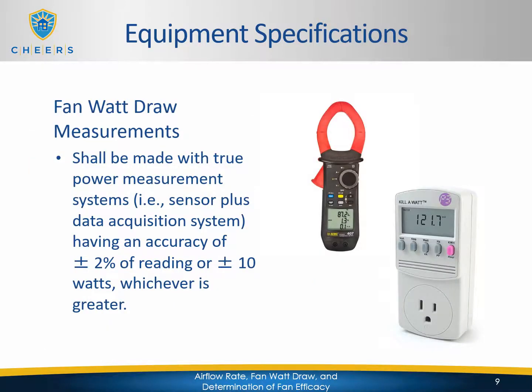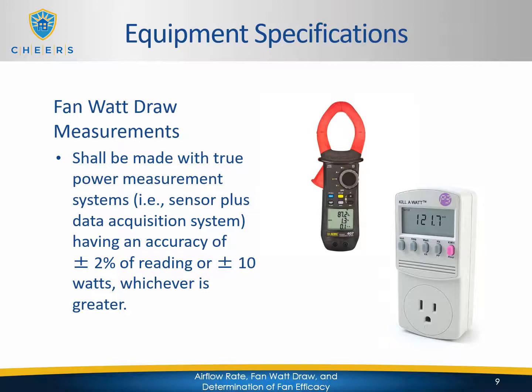Fan watt draw measurements shall be made with true power measurement systems, i.e. sensor plus data acquisition system, having an accuracy of plus or minus 2% of reading or plus or minus 10 watts, whichever is greater. And on the right-hand side, again, there are 2 different types of equipment that you can use. Now, the piece of equipment on the left-hand side, that's the kind of meter that you would use when you have a hardwired system. If you have a hardwired furnace, obviously you're not going to be able to unplug it and plug in a watt meter into it.